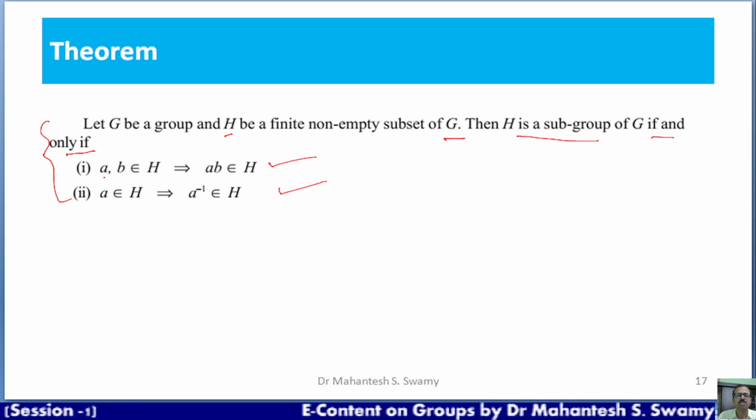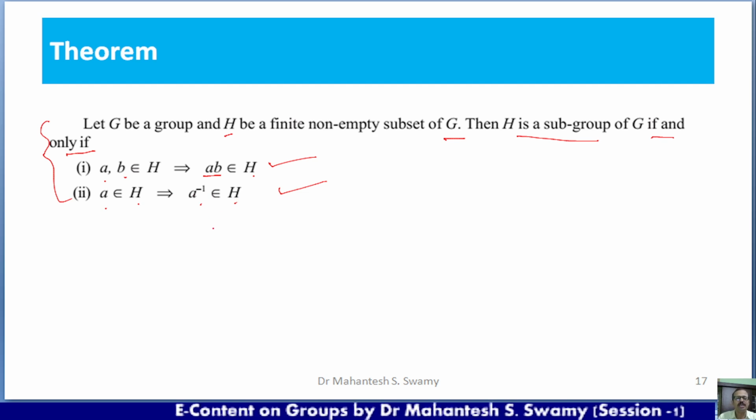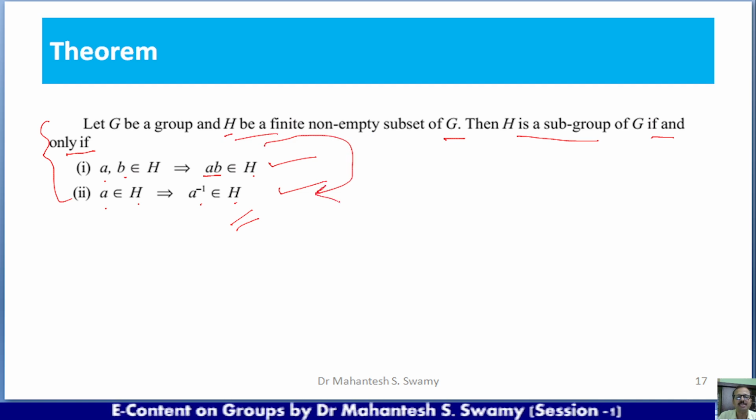What are those two conditions? For all A, B belonging to H, their combination, that is A star B, AB should also belong to H. And for A belonging to H, its inverse should belong to H. So if these two conditions are satisfied, then we say that H is a subgroup, or conversely, when H is a subgroup, these two conditions will be satisfied.